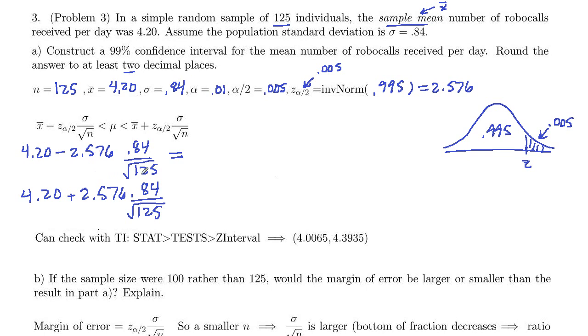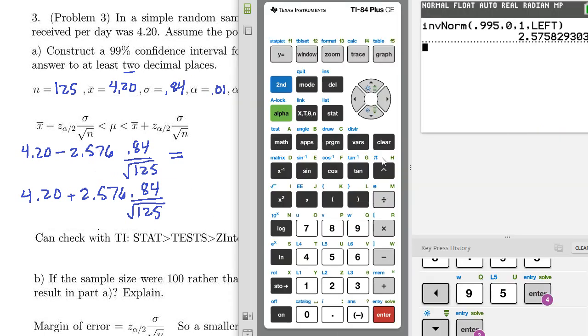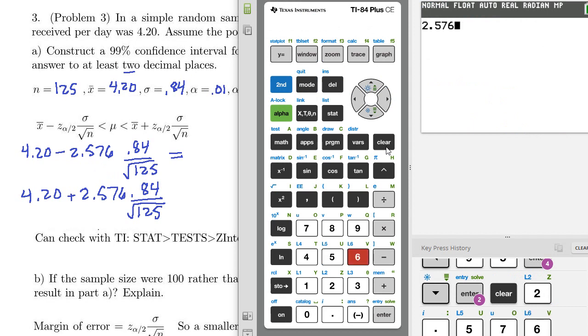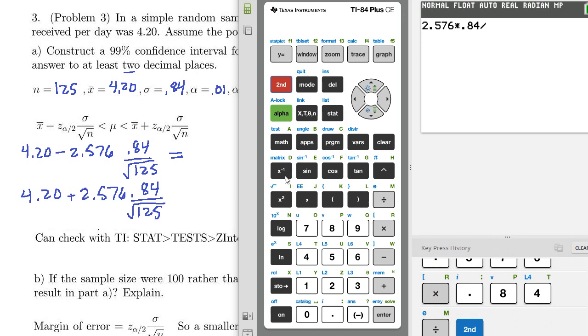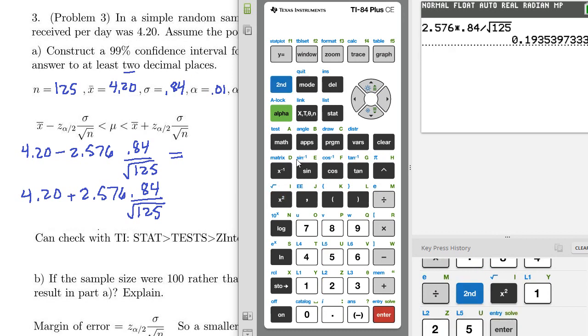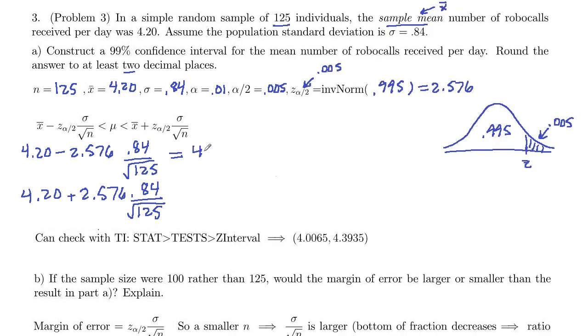So now let's compute that margin of error on the calculator. So we've got 2.576 times 0.84 divided by square root 125. So 0.1935, we want 2 decimal places, so 0.19. So this will be 4.20 minus 0.19, which is 4.01.